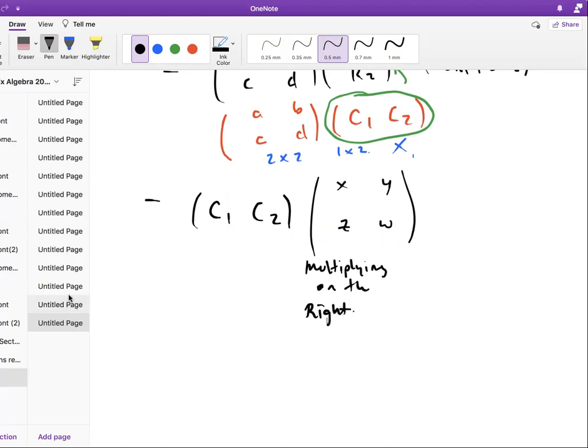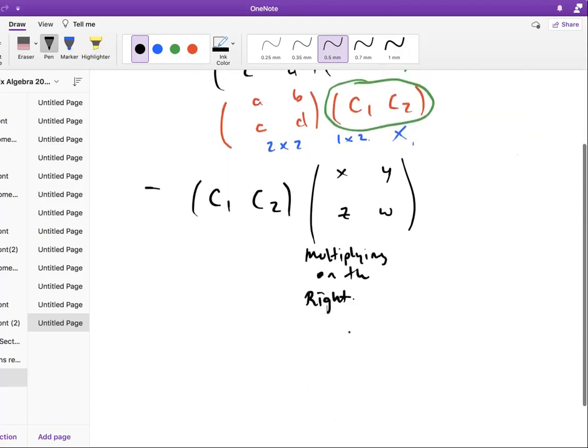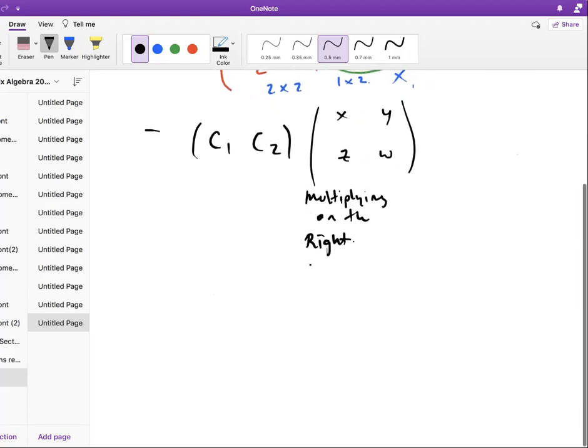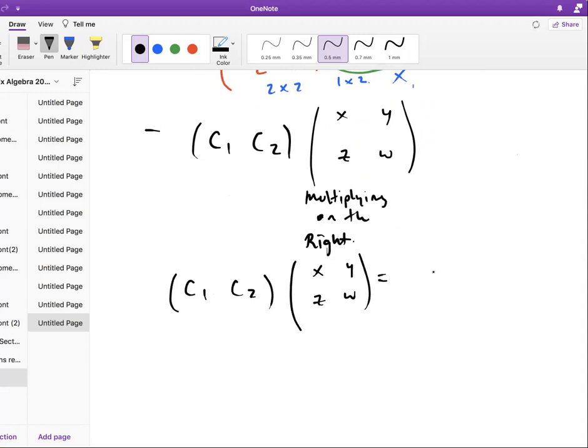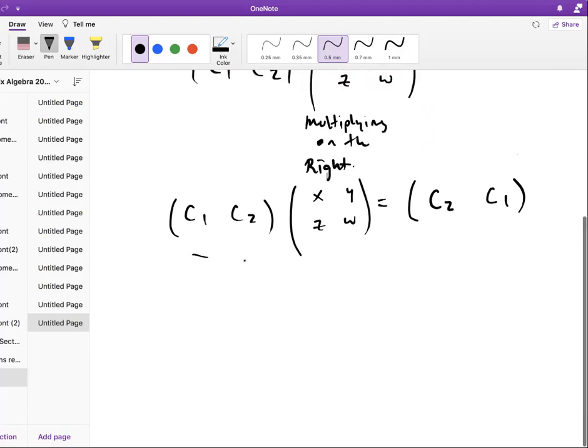So row operations, so maybe the ABCD was a row operation that changed row 1 and row 2. However, with column operations, they're the same operations as before, and we don't have enough time to really go through all of them. But let's just do a row swap. So let's use the same reasoning as we did before. And I want to make this into C1. So what does this operation give you?